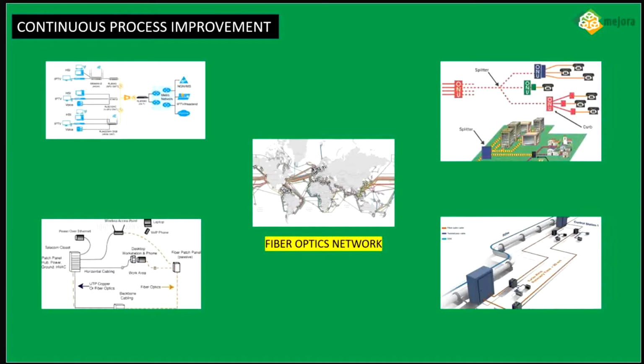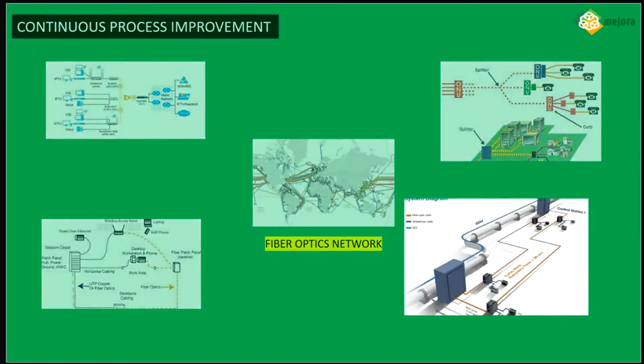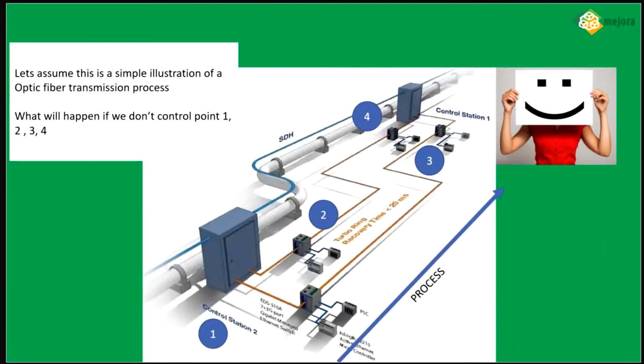Now let's go to the next step. Let's take the system design example, and let's assume this is an illustration of an optic fiber transmission process at a regional or local level, right? Suppose we have these control stations, 1, 2, 3, 4.